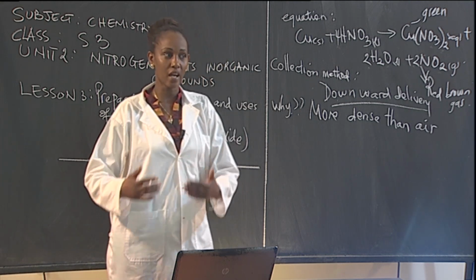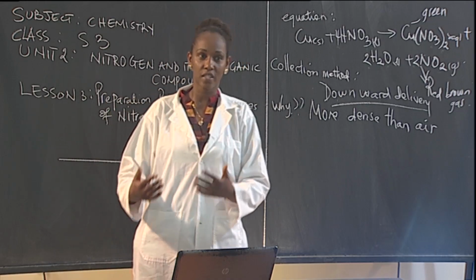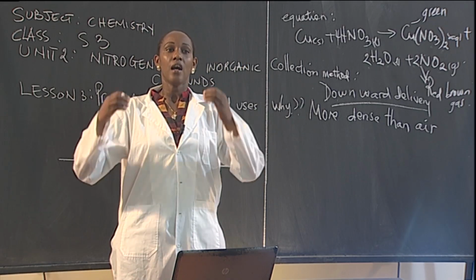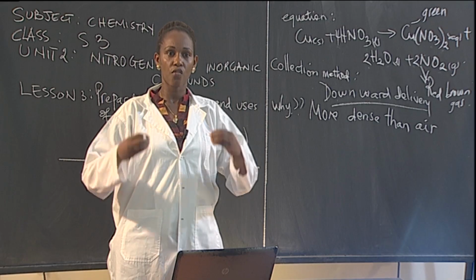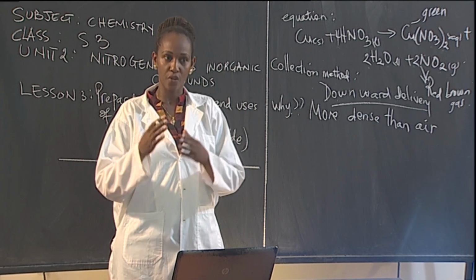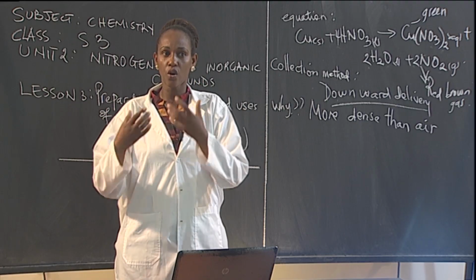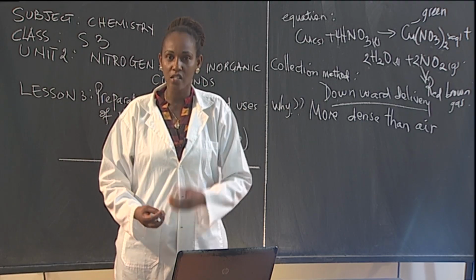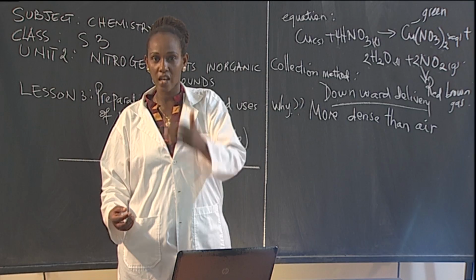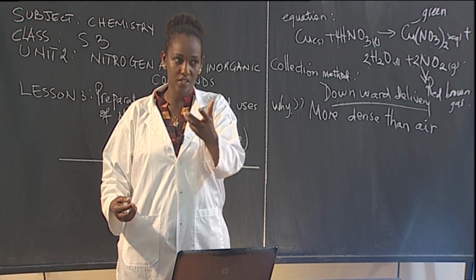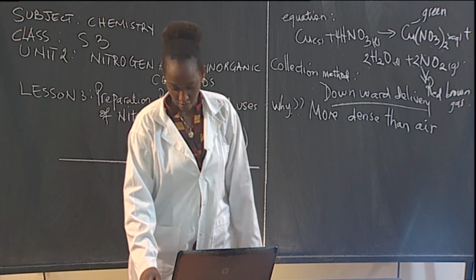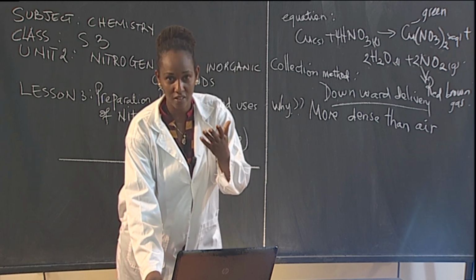So whenever you react copper turnings with nitric acid, a green solution of copper 2 nitrate is formed, and a red-brown gas, which is nitrogen dioxide, is observed. That is it. I think you have understood that, all right?